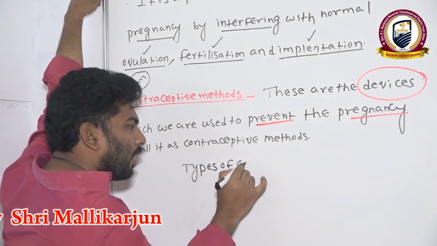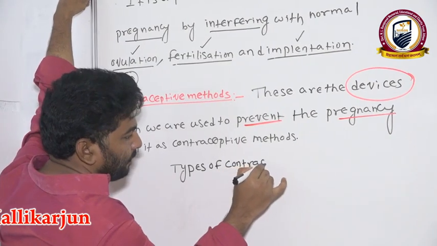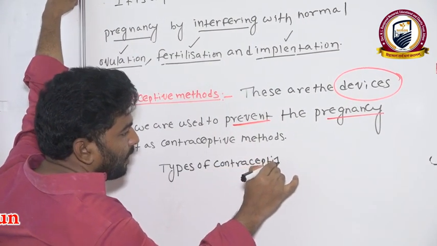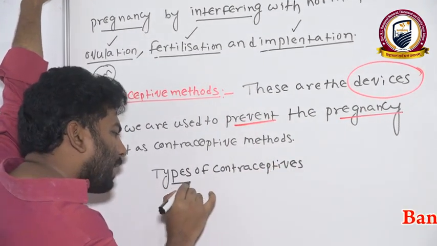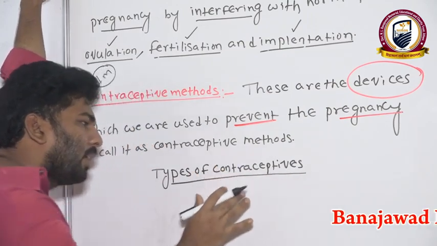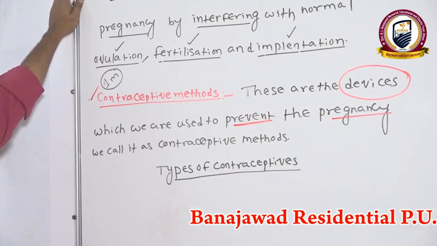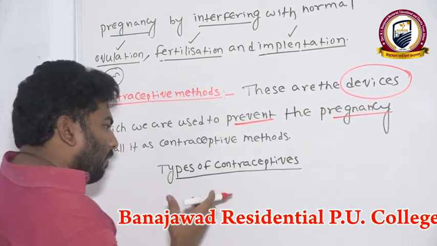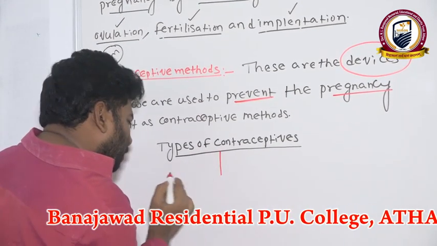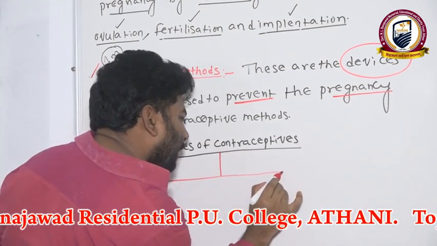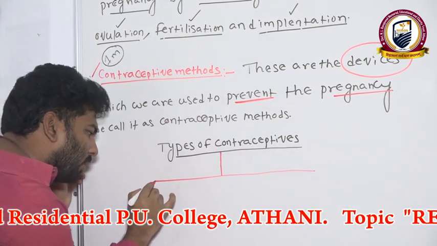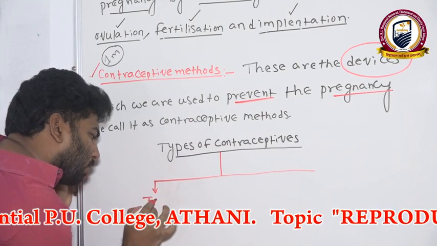Types of contraceptives. How many types of contraceptives are available in society which are given by the government? We will discuss one by one clearly. First of all, we will take the types of contraceptives. Mainly we will discuss 2 categories.